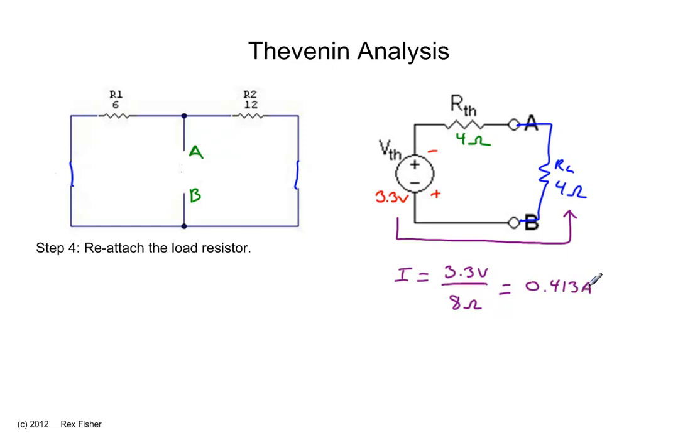0.413 amps. As that current flows through this load resistor, it's going to have a voltage drop in that direction, and that voltage will be 0.413 amps times 4 ohms, and that will equal 1.65 volts.